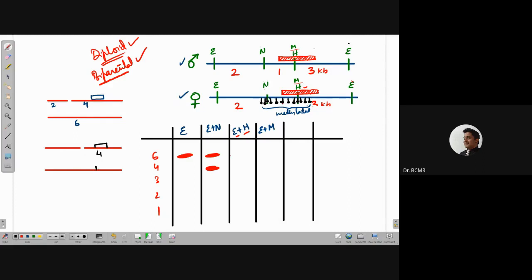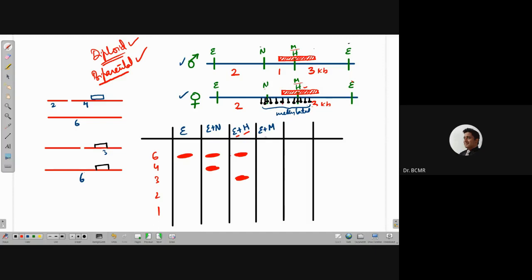The probe is binding here and here. The other one is a 6 kb fragment. Okay. Are we doing it right? No. Sorry. This is a 3 kb fragment. Sorry. HPA2 cuts in the middle, right? So it is a 3 kb fragment and a 6 kb fragment. So you'll find one 6 and another one is a 3 kb fragment.